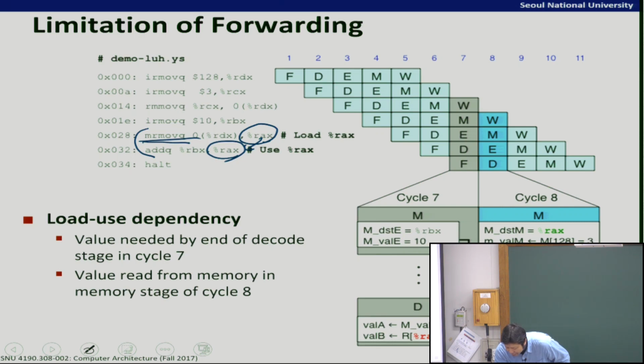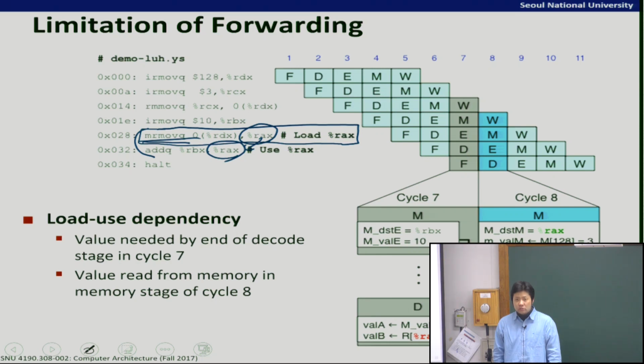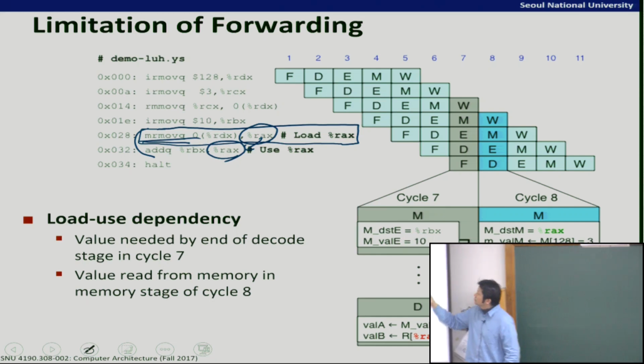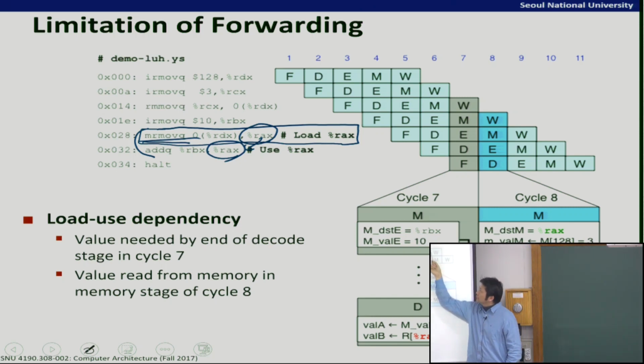In this pipeline, when the value of this mrmovq, the load instruction, becomes available, in what cycle? In which cycle does the value actually become available? The result of this load instruction is at cycle 8, right?